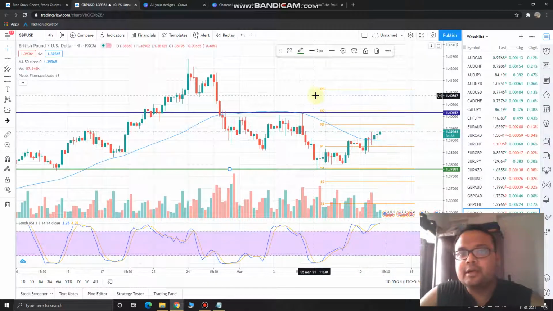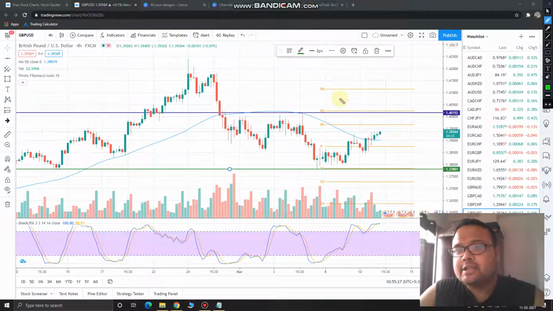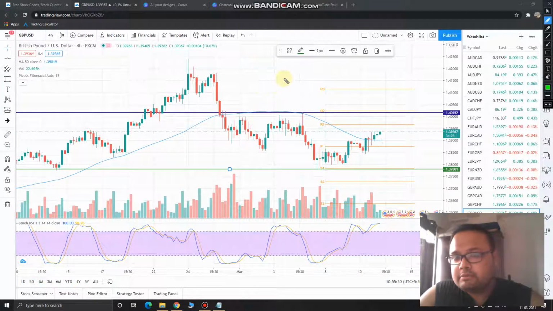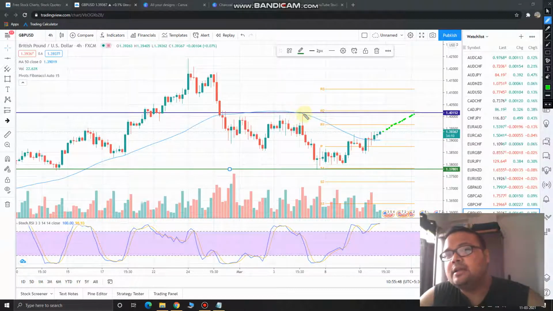So what should be our strategy? Let me take out the pencil. Our strategy for GBP USD is, as of now we can see that market is going up. So if market goes up and hits this blue line, 1.40152, you can see that market has previously reversed from this point.